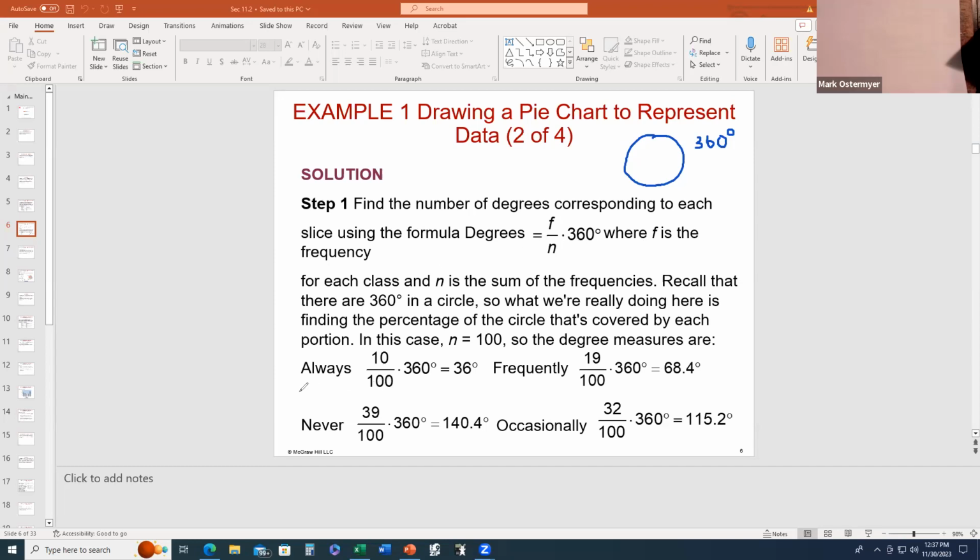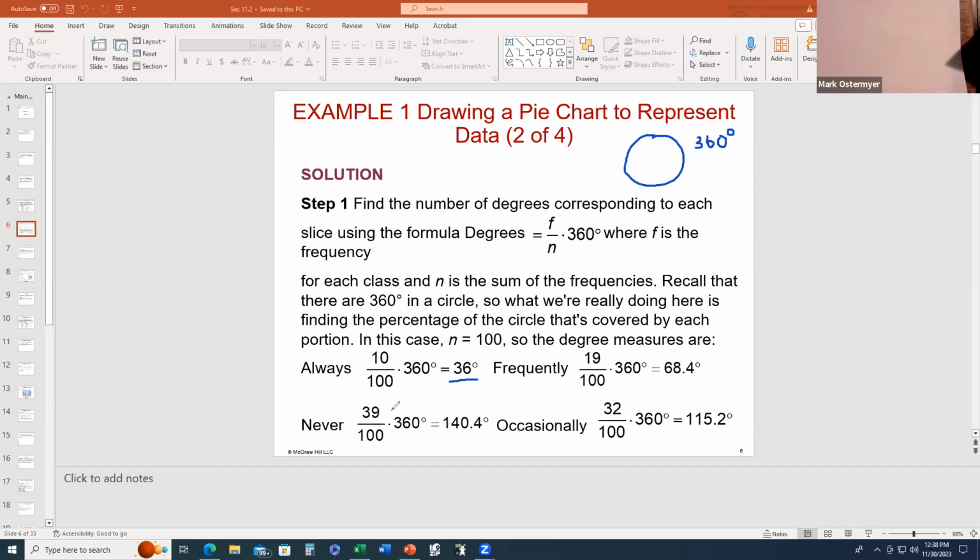For instance, the always class, out of the 100 people that were randomly surveyed, 10 say that they always bring their own bags to the grocery store. So 10 over 100 is 1/10 times 360 degrees, which would be 36 degrees. So the always category or piece of the pie has a size of 36 degrees.